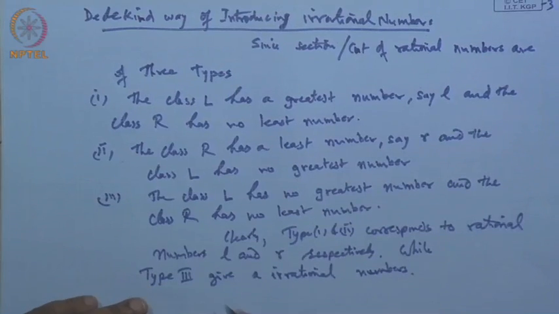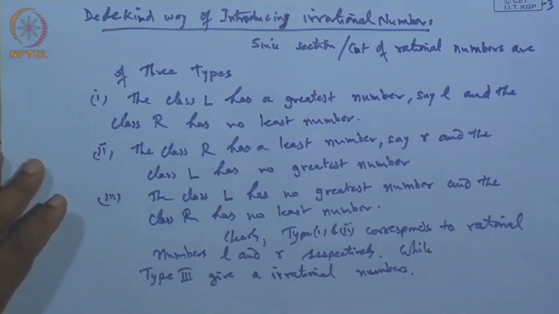And this is the way Dedekind introduced the concept of the irrational number.